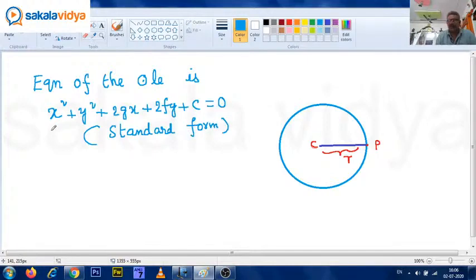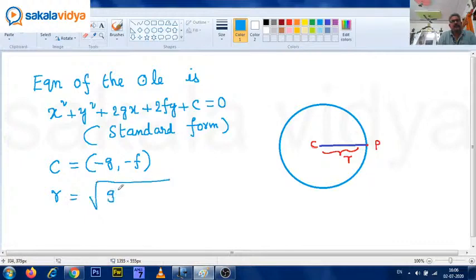Standard form means the x square coefficient is unity and the y square coefficient is unity. Then from this we can find the center, which is given by minus g comma minus f. That means minus half of the x coefficient, minus half of the y coefficient. Radius is given by root over g square plus f square minus c. These are very important points regarding one circle.